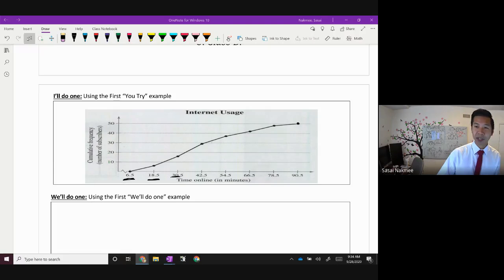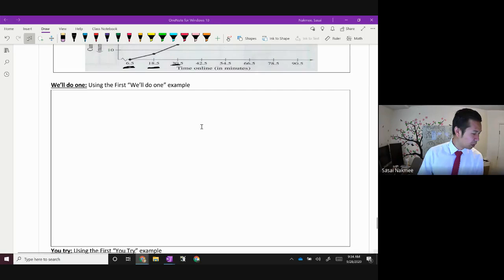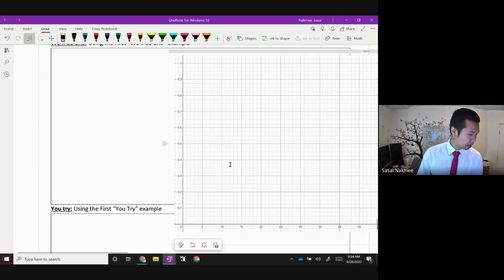If you're not done, stay on 15 and finish it. Then I'm going to copy the graph from there and put that onto here as well. So we'll do the Will-Try together right now. Give me 1 second. I'm going to paste this on here, and I'm going to make that a little bit smaller.